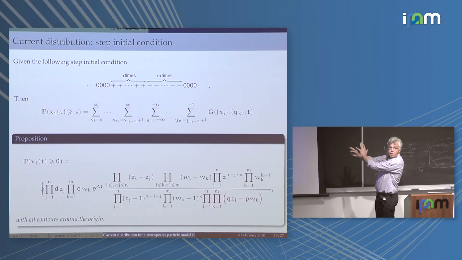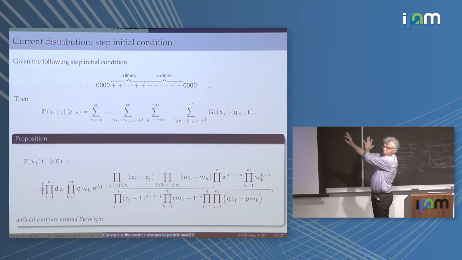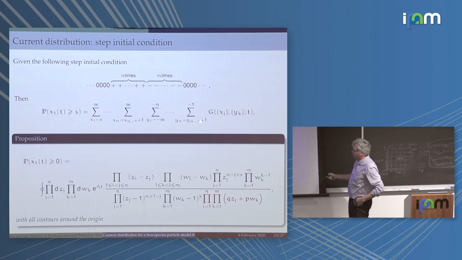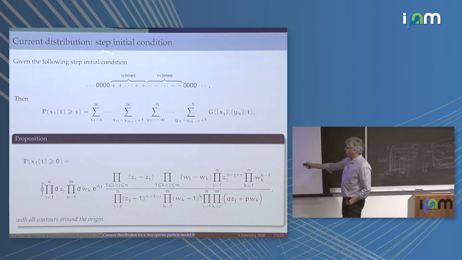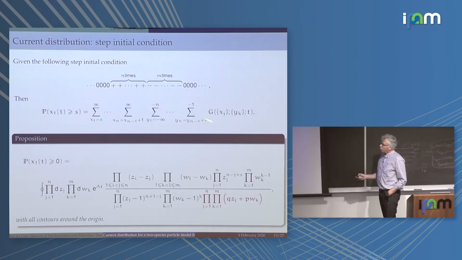So to compute that, I take the Green's function and then sum over all final coordinates, where the pluses are to the right of all the minuses, over my Green's function with these initial functions.